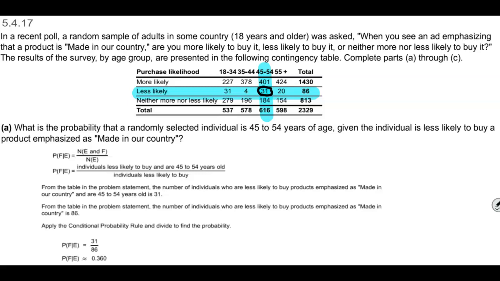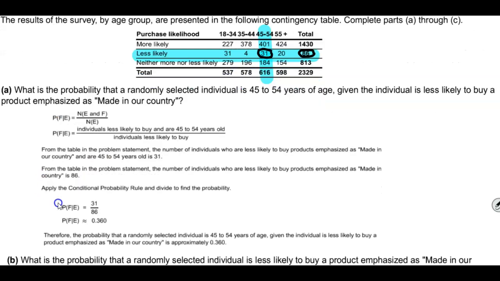Okay, and then we also need to determine the total individuals that are less likely to buy. So we have to take into account that the total of that entire row is 86. If you take a look here at our definition, we have the fraction 31 over 86, which gives us a probability of approximately 0.360.